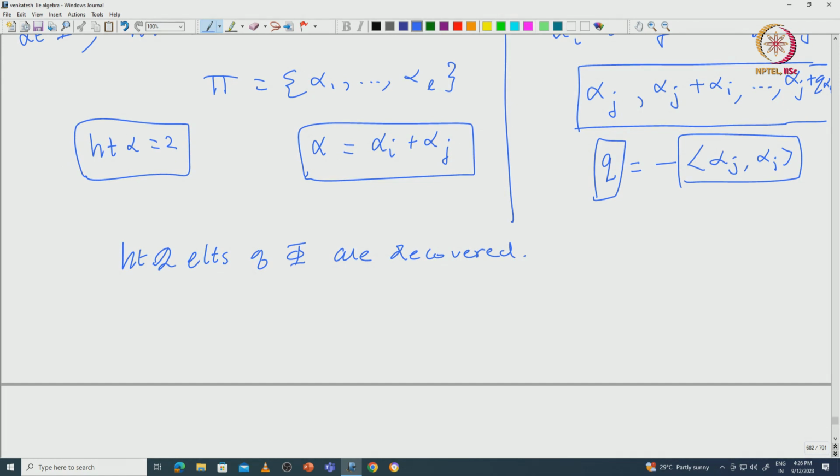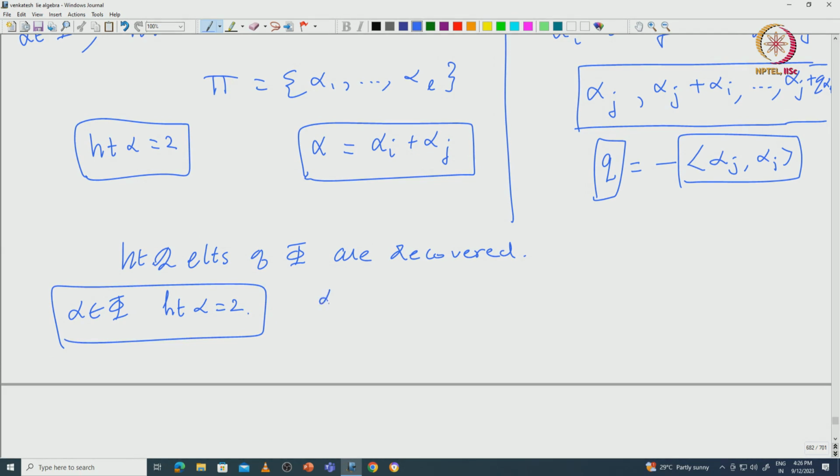That is the way to get height 3 elements. So, let us say α is in Φ such that the height of α is 2. Then you can subtract α_i at most twice from α, for any α_i in Π.